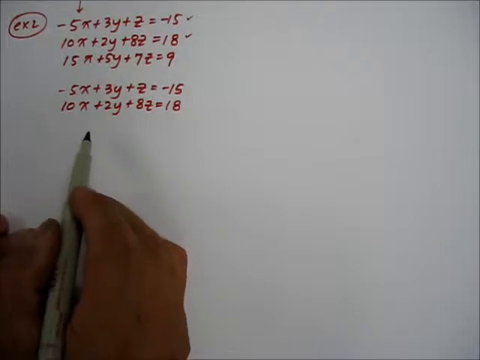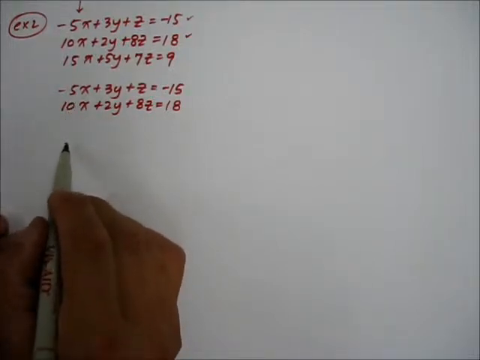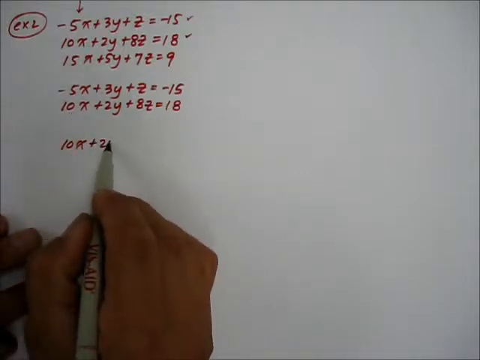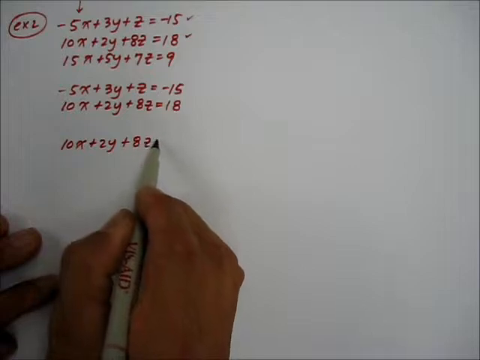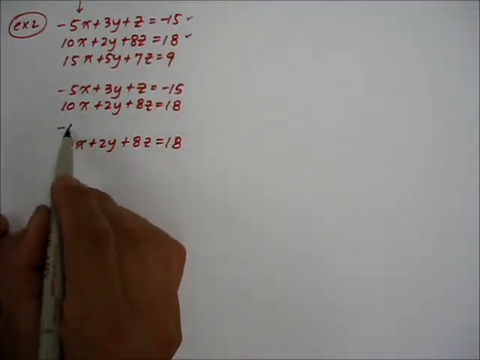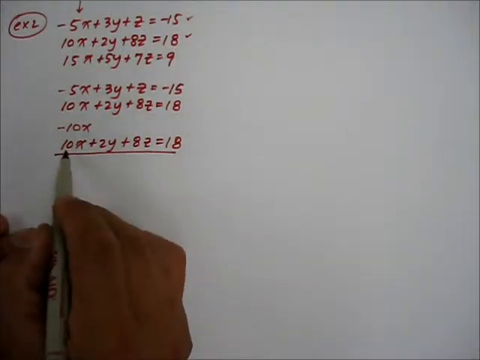The greatest common factor between the negative 5 and a 10 is 10x. Since this is already a 10, I'm going to leave the second equation the way it is, but I want the first one to become negative 10x, so that when I take the difference, it will cancel out.